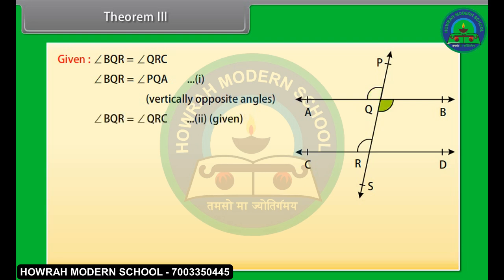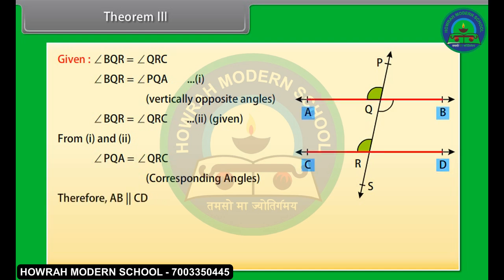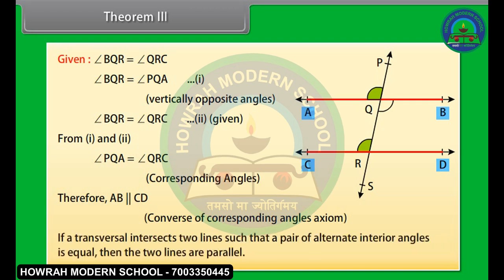But angle BQR is equal to angle QRC, given. Mark it as 2. So, from 1 and 2, you may conclude that angle PQA is equal to angle QRC. But they are corresponding angles, so AB is parallel to CD, by the converse of the corresponding angles axiom. This result can be stated as a theorem, which is: if a transversal intersects two lines such that a pair of alternate interior angles is equal, then the two lines are parallel.